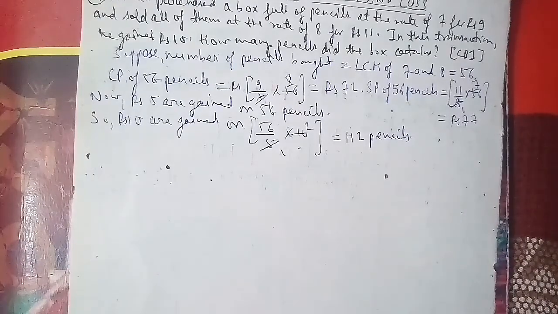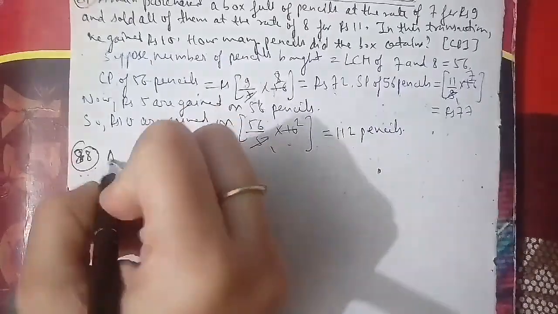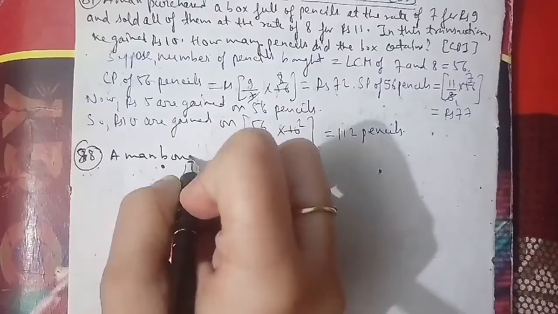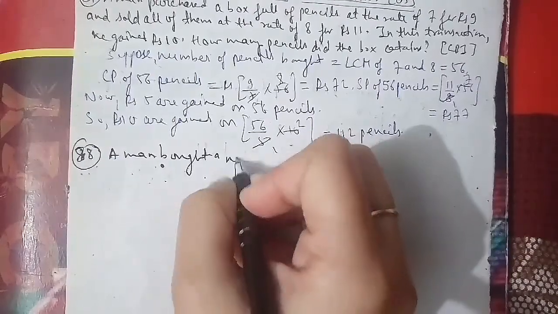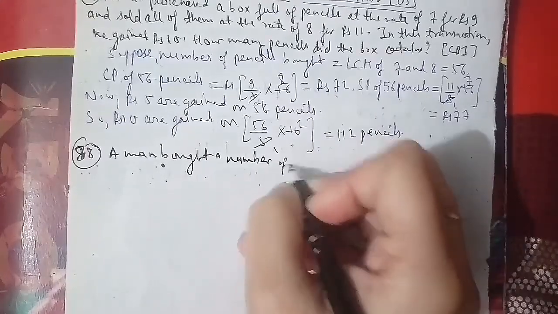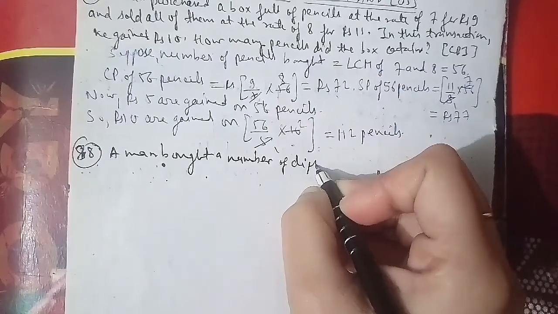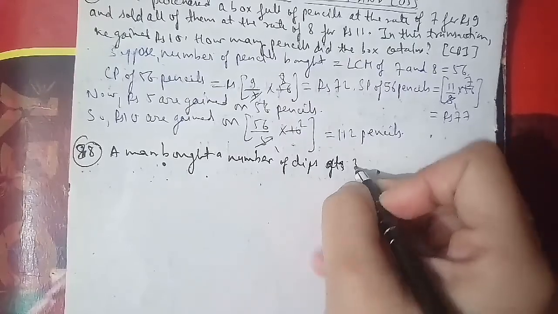88th question. A man bought a number of clips at 3 for a rupee and an equal number at 2 for a rupee.